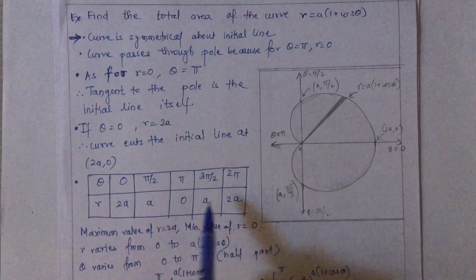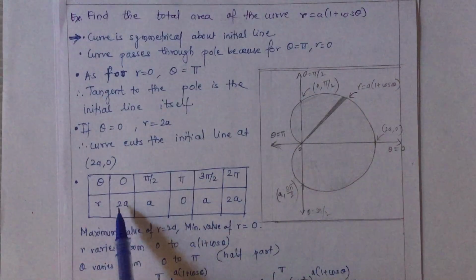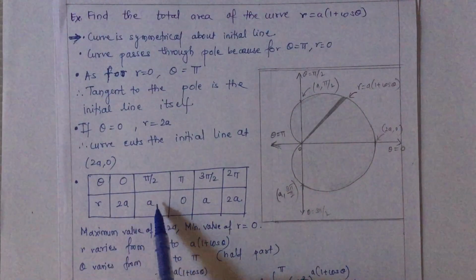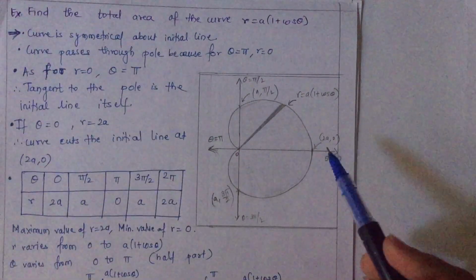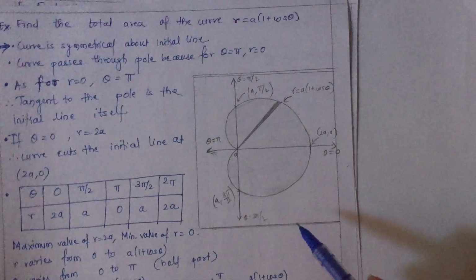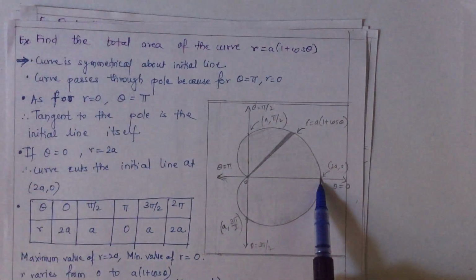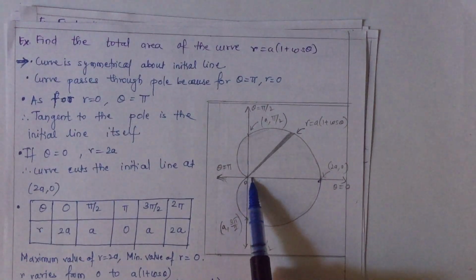These will be the values of r between 0 and 2 pi. We observe here the maximum value of r is 2a and the minimum value is 0. Accordingly, we trace the curve. We get this curve, and here at the initial line it cuts at 2a, that is, at (2a, 0).